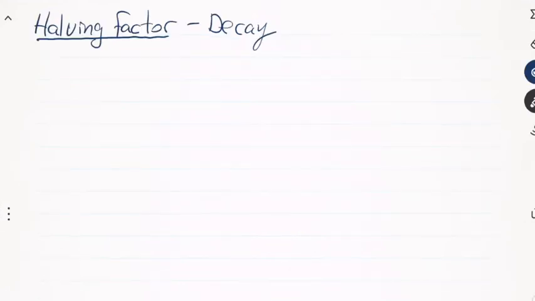Now, the other direction that we can go, instead of growing exponentially or doubling, is this thing called halving factor. Halving is a decay model, because if you keep taking half of something, eventually you'll end up with something really, really small, close to zero.